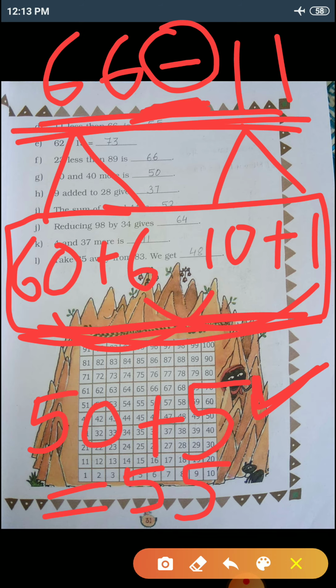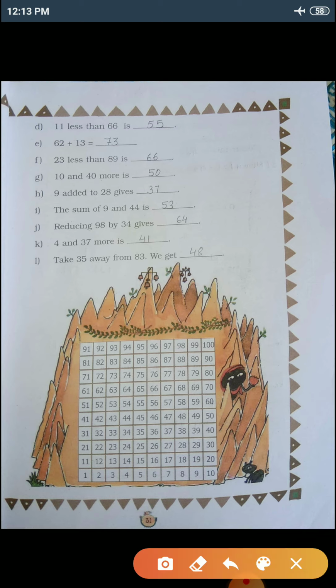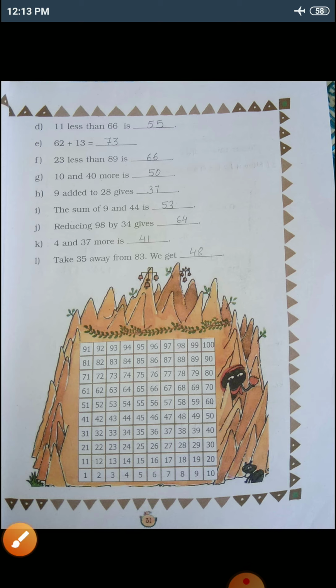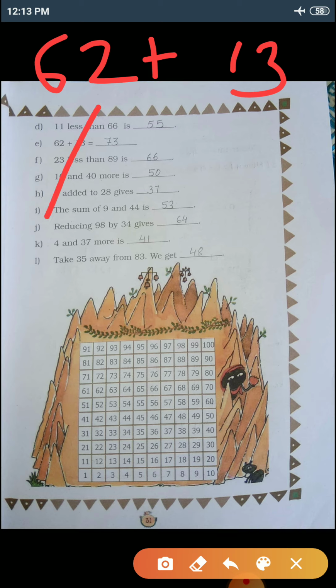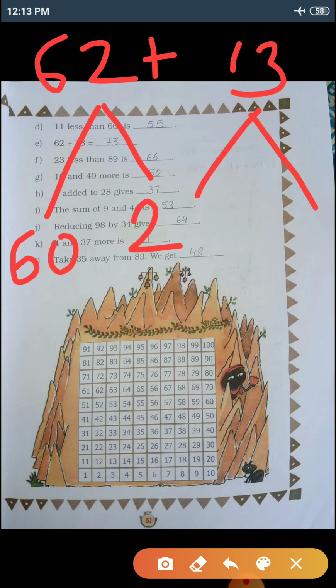Okay students, so let's see E1, 62 plus 13. Again we are going to divide the numbers using the 10 multiplied by 10 grid method. So how will we write 62? 60 plus 2. Then 13, 10 plus 3. Now tell me, 60 plus 10.